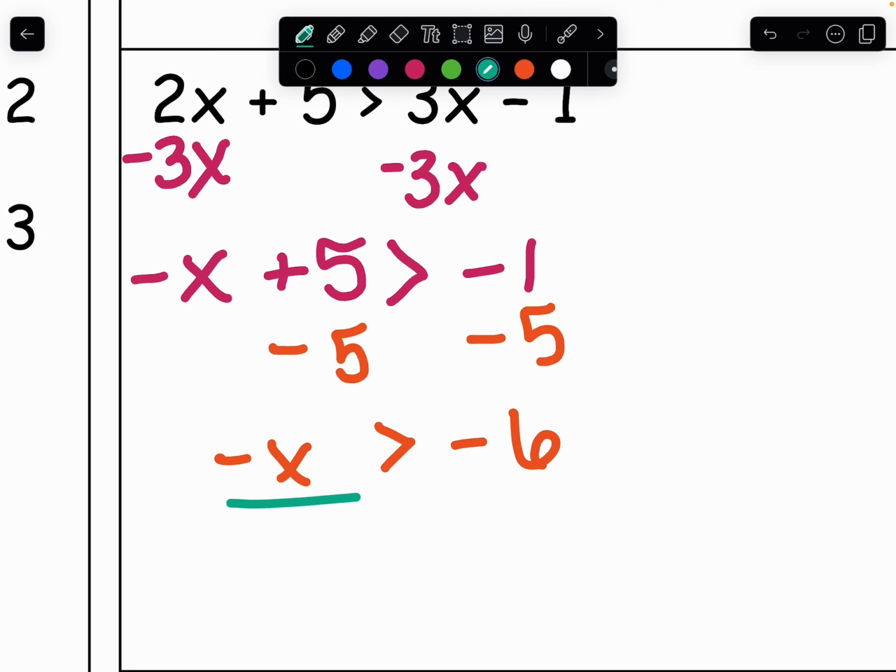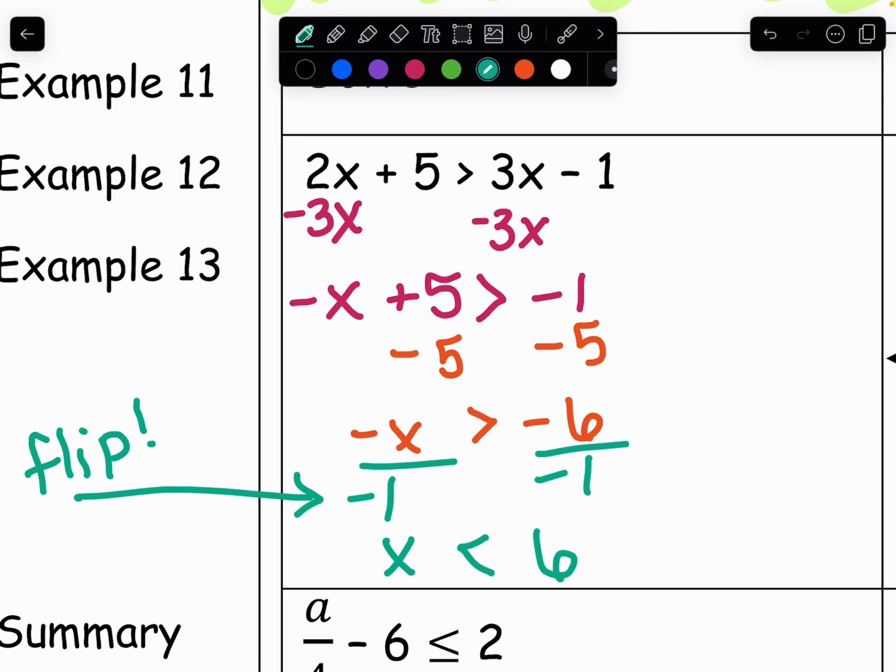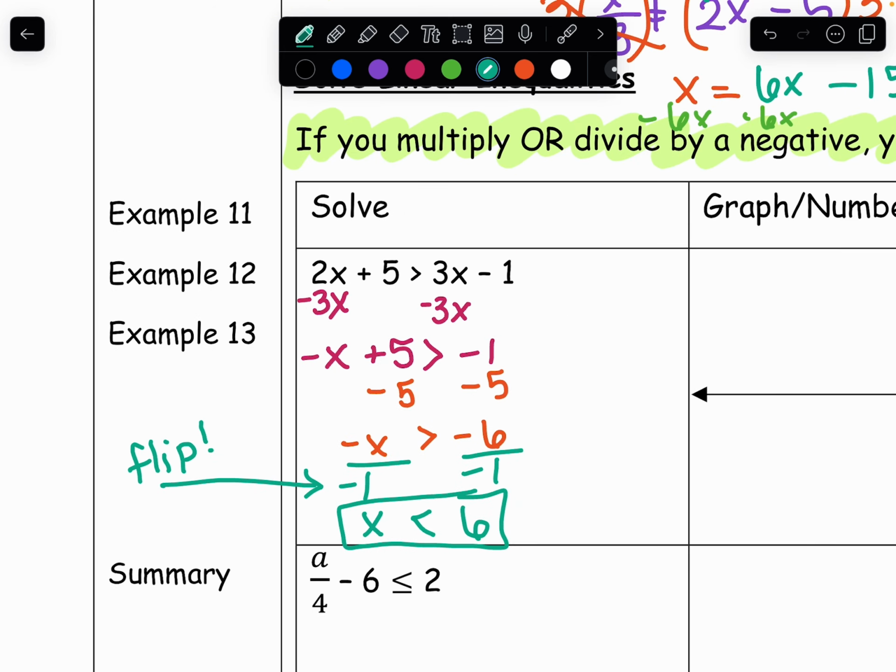And then I'm going to divide both sides by negative 1. Now, because of this right here, we need to flip the inequality. What that means is we are now going to have x is less than 6. So there is our inequality.